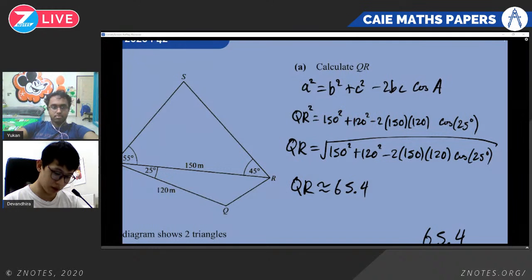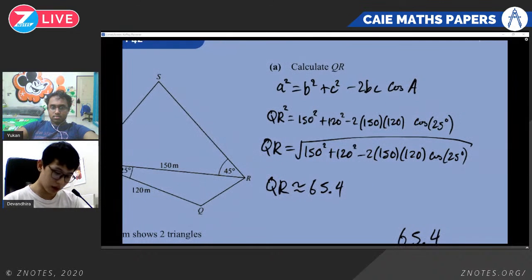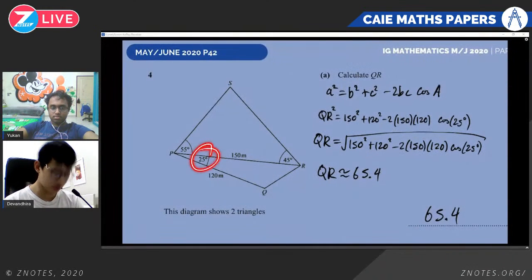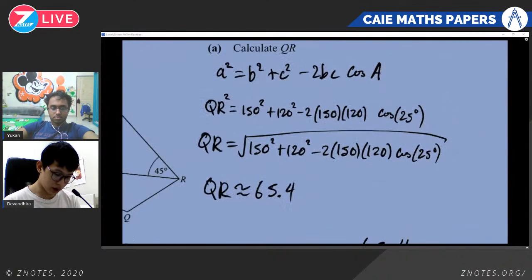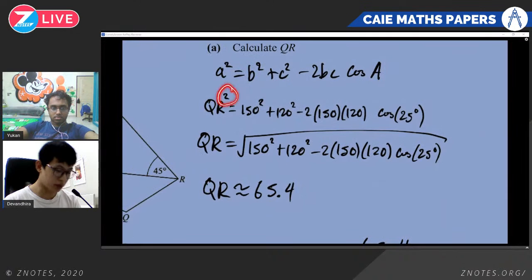The same thing here, we put minus 2B, which is 150, and C is 120. And our cosine of A is just cosine of 25 degrees. And we're looking for QR, but remember there's a square here, so we have to take the square root of both sides. And this will cancel, and we'll have the square root of this whole thing.